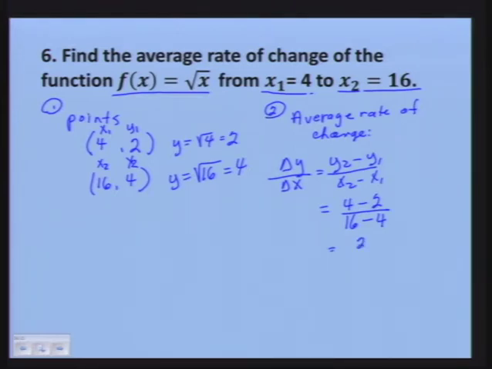So I have 2 divided by 12. 2 goes into 2 once, goes into 12 6 times, and we have 1/6 for our average rate of change. So we got the slope of a line that passes through the 2 points rather than actually the slope of a line, since our function was not linear.